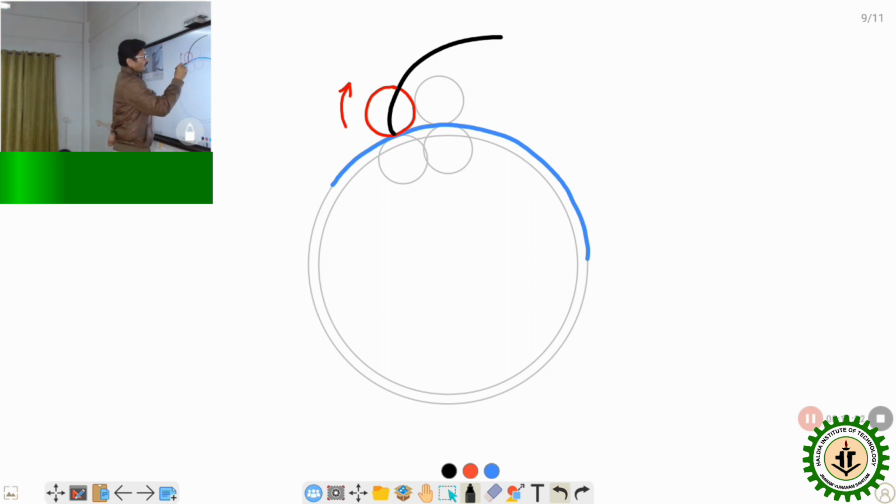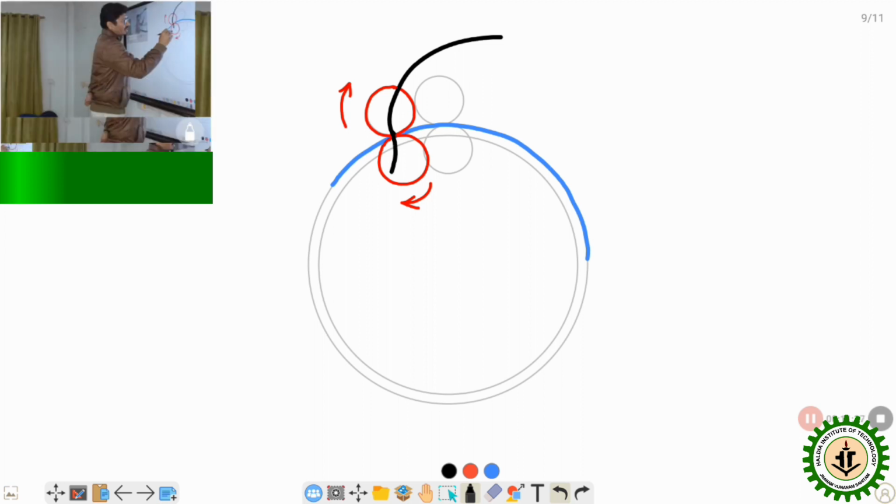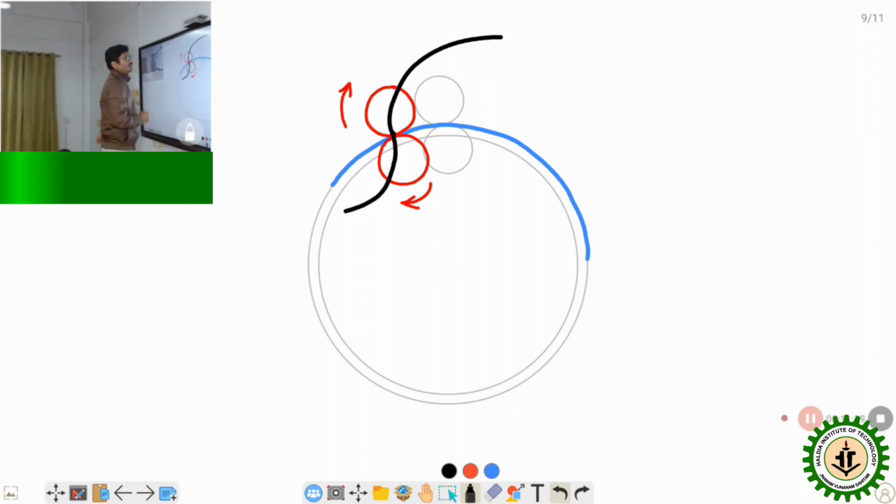Now if I place the circle inside the bigger circle and rotate it in that direction, it will generate a hypocycloid inside the bigger circle, the pitch circle.